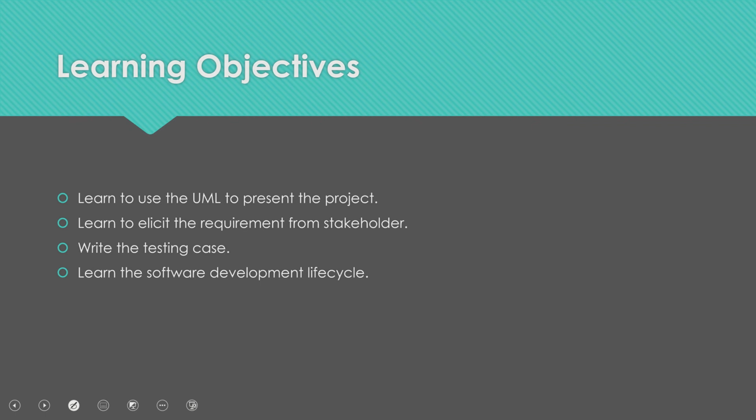Okay, then we will learn what the software development life cycle is. Different life cycles can solve different scenarios. The simplest life cycle, which most of you do, is waterfall.